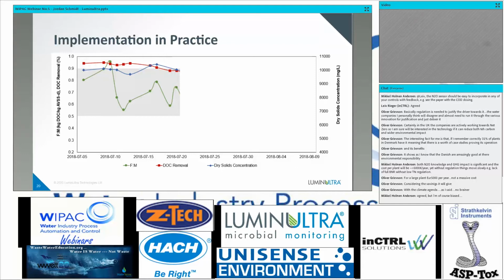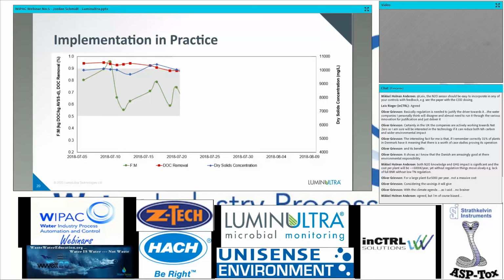In terms of axes, the F2M and DOC removal are on the primary axis, while the mixed liquor suspended solids, or dry solids concentration, is on the secondary axis. Things are going pretty well. Again, the gray bar represents the optimal range. F2M was tending to stay there. Treatment was going well, above 90% removal, which is what they're targeting.